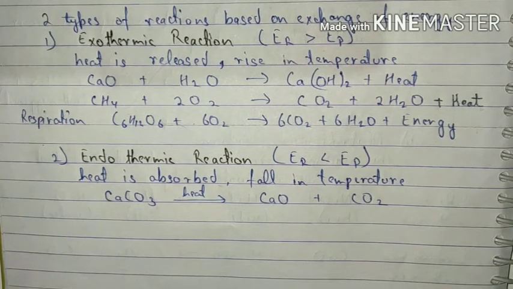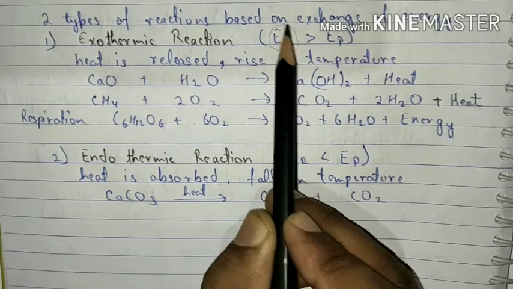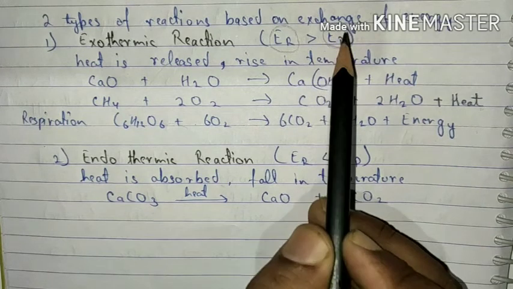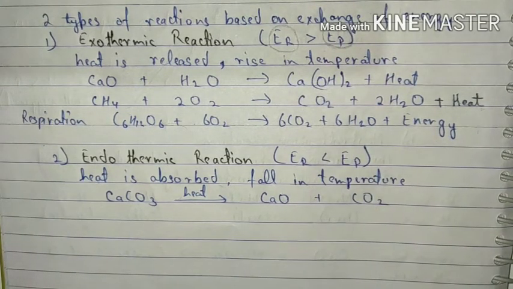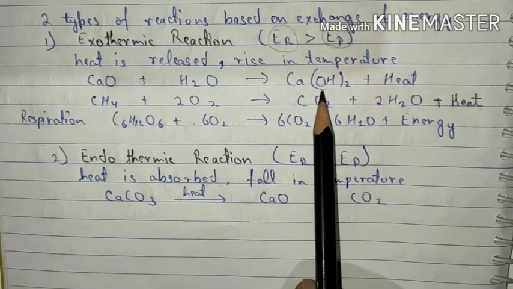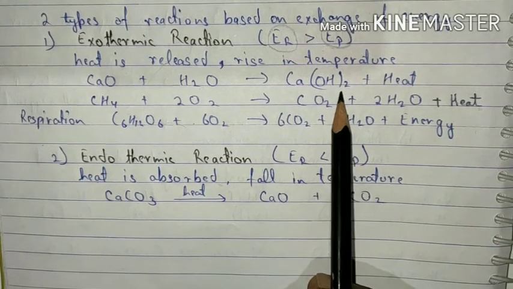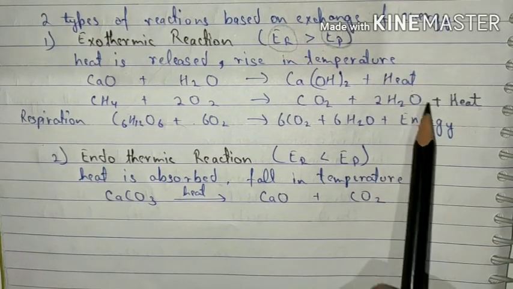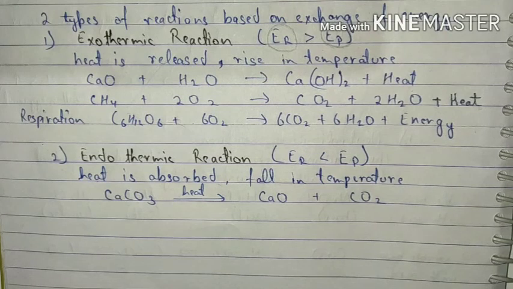In such reactions, the energy content of the reactants is higher than the energy content of the products, and we observe a rising temperature, like calcium oxide on reaction with water gets converted into calcium hydroxide with an evolution of a large amount of heat. You must have seen at your homes also that before whitewashing, whenever the painter mixes slaked lime in water, it is accompanied with a large amount of heat.